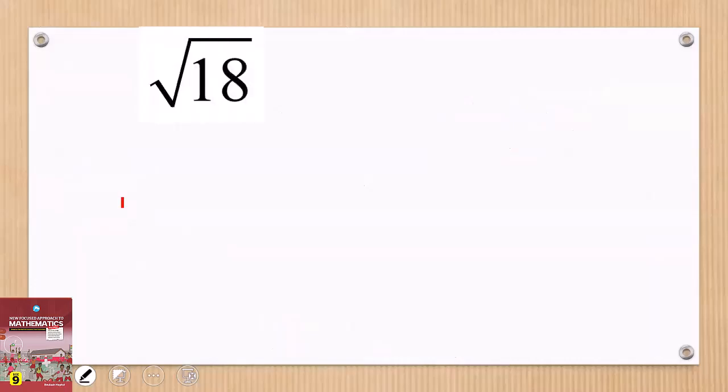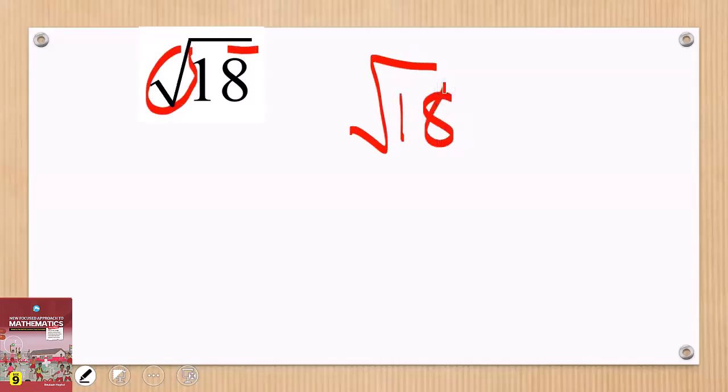Now, look at this set, root of 18. The symbol here is called the radical. The number that goes under it is called the radicand. Okay, take note of that.